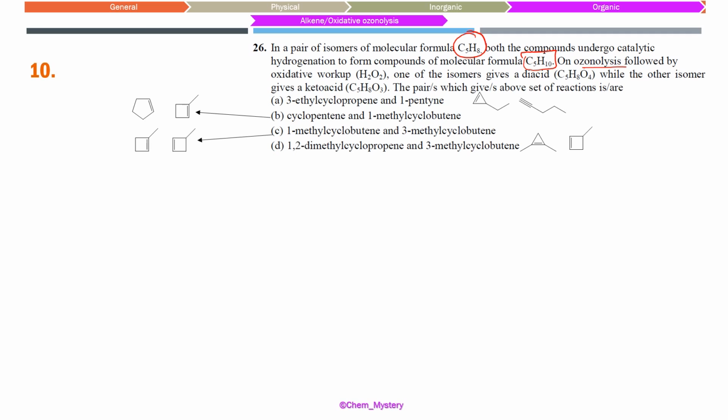So how are we going to decide the product upon this oxidative ozonolysis? We need to see the options which were given. I have drawn the structures. So we have got two options, two isomers, isomer number 1 and isomer number 2. When we are doing the reduction, only one pi bond is being reduced.